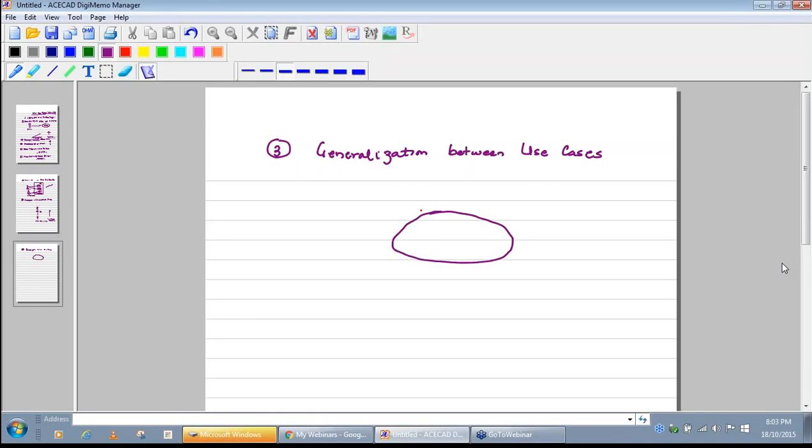An accountant in some system is associated with the use case make payment. Just have a look here that use case names are always verbs.